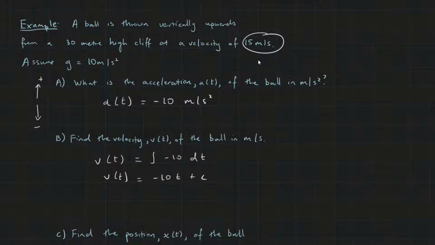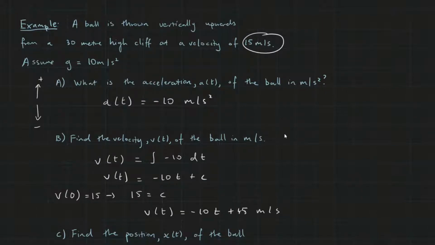Initial velocity meaning that it's at time equal to 0. So v of 0 is equal to 15. We can substitute that in to get 15 is equal to negative 10 times 0 plus c. So we end up getting 15 is equal to c. Therefore, v of t is equal to negative 10t plus 15. And it's good practice to specify your unit as well. In this case, it's meters per second.